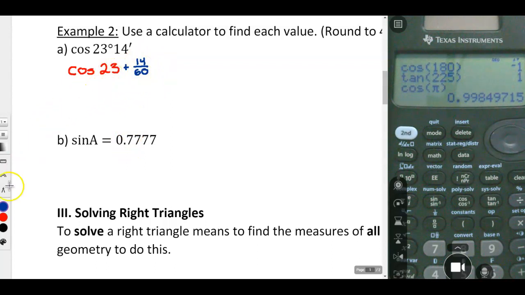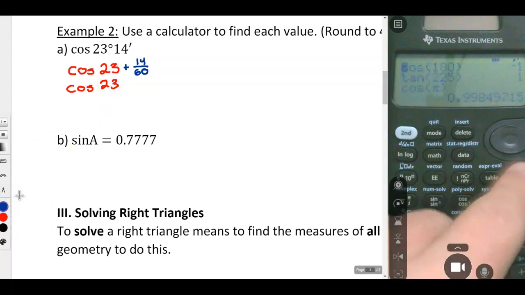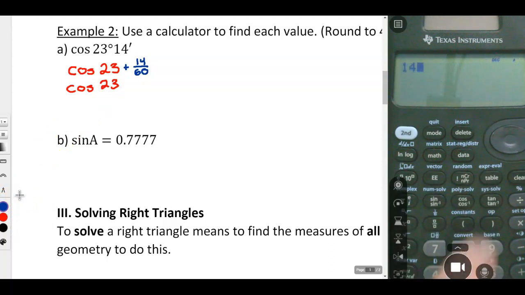So after this, I'll be able to say, okay, this is cosine 23, and then head over to the calculator and find out, what is 14 divided by 60? So 14 divided by 60, as you can see, is 0.233, like that.